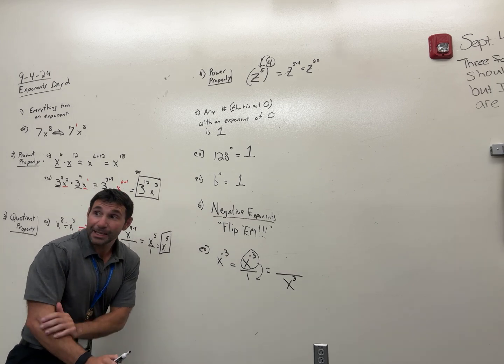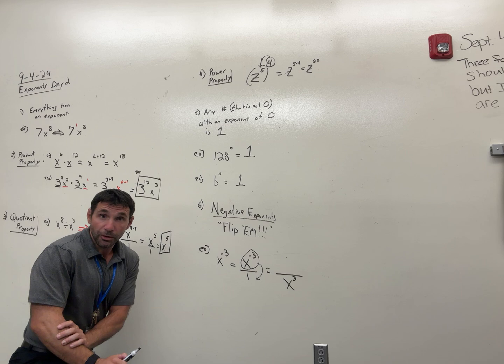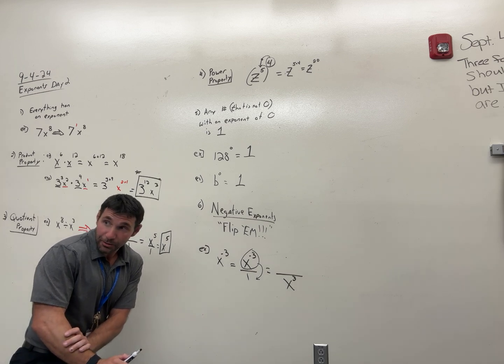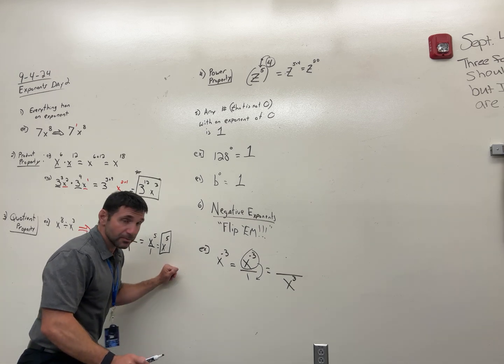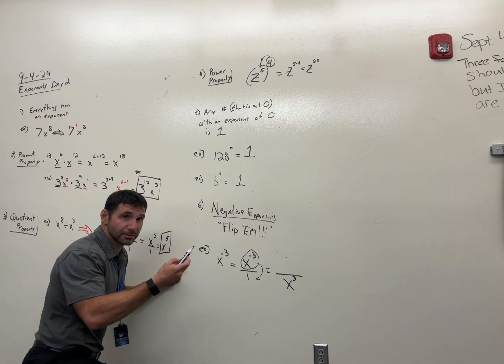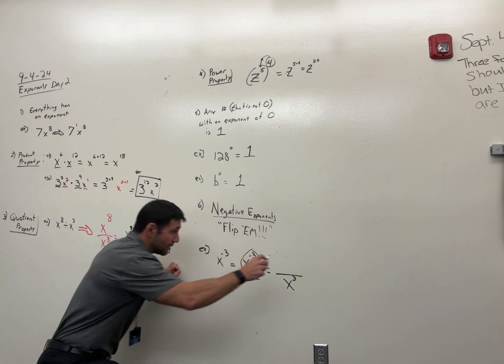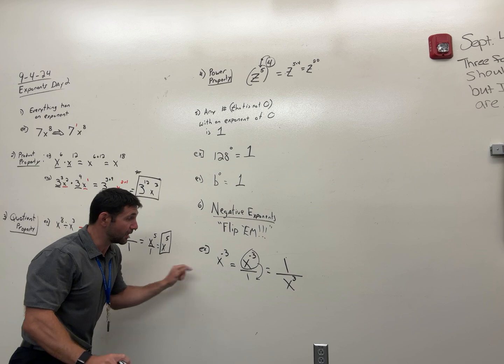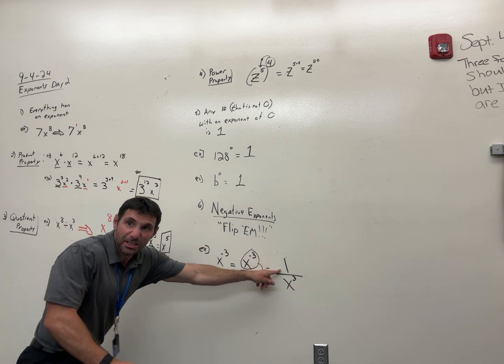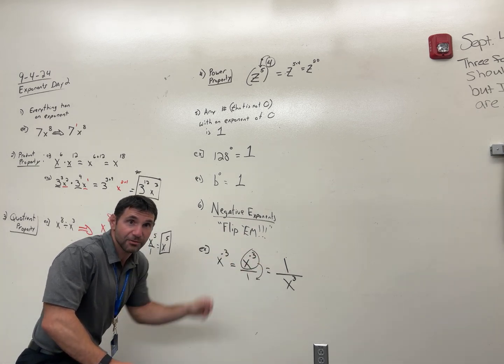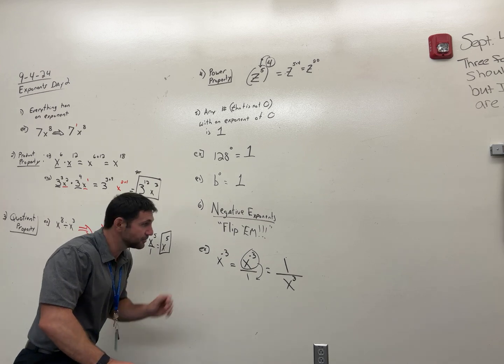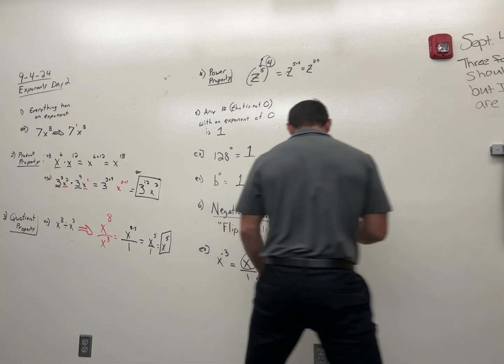Because we can divide anything by 1. So, anything can have a denominator of 1. So x to the third. Well, what's in the numerator? Well, there's nothing left, but there is. Just a 1. This one doesn't go up. It's just a 1. Because I can always have just a 1 there. Okay? What do you mean, Mr. H? Let's do one more.